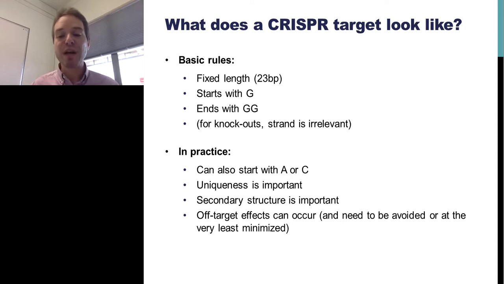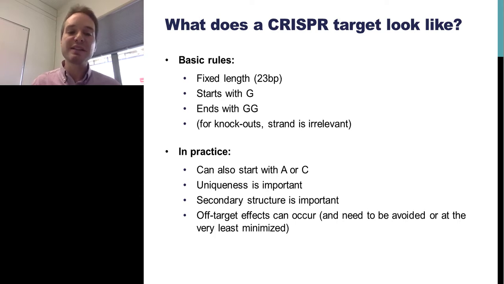So the first question we asked ourselves is, what does a CRISPR target look like anyway? And so the basic rule that I got from my experimental colleagues was that they were looking for a sequence that had a fixed length, started with a G and ended with GG, and that for knockout, they didn't really care on which strand that target was located. In practice, they were a little bit flexible about what they were looking for.